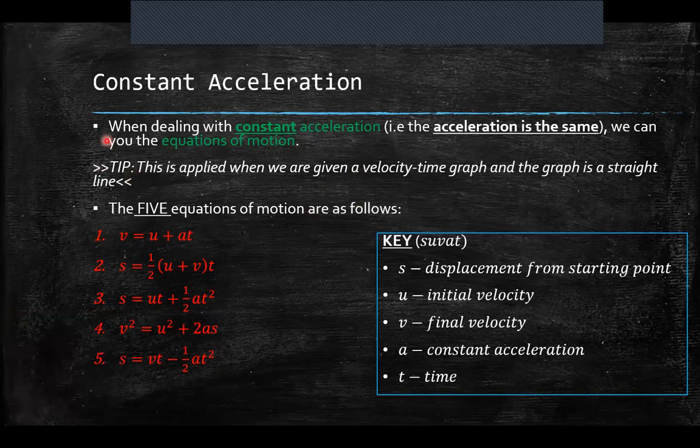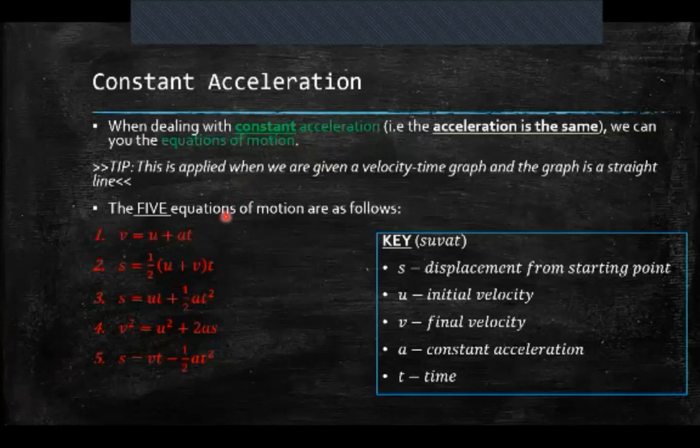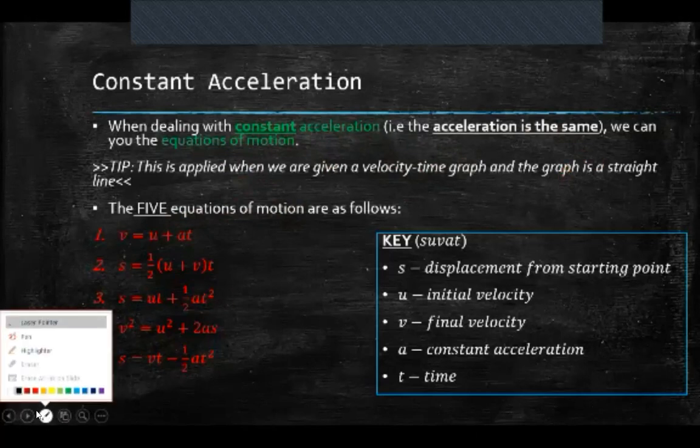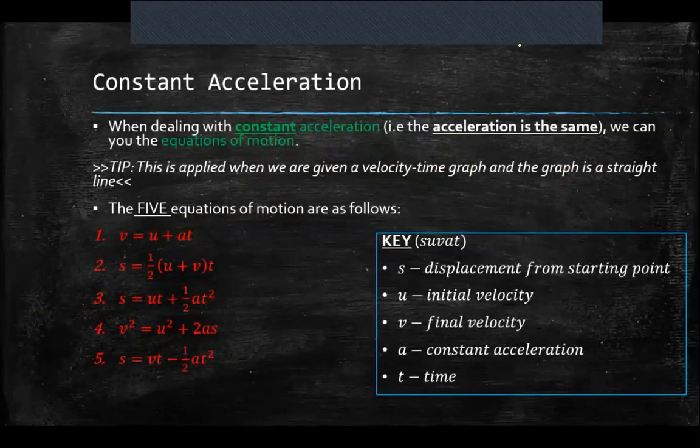Okay, so like I was saying, when do you have to apply these equations of motion? I said when the acceleration is constant. And you would see this when you're given a velocity time graph and the graph is actually a straight line. Let me try to do an example for this one. So let's say this is my velocity time graph.